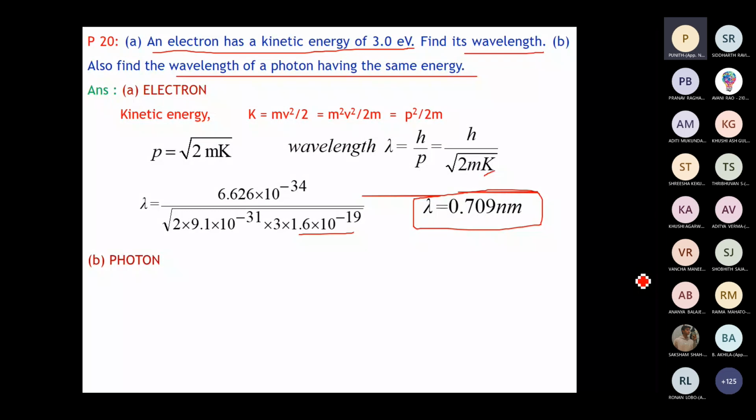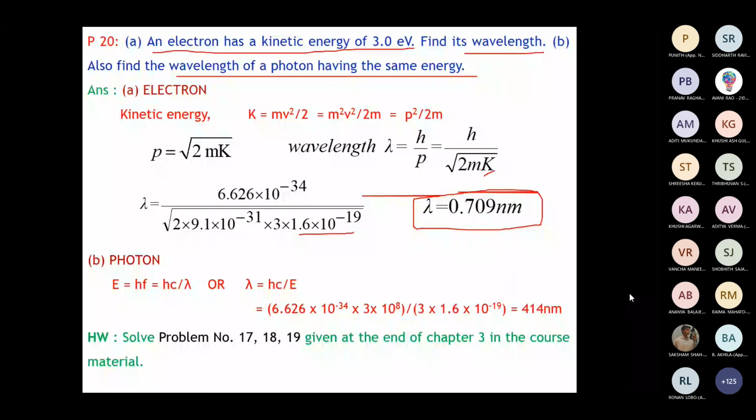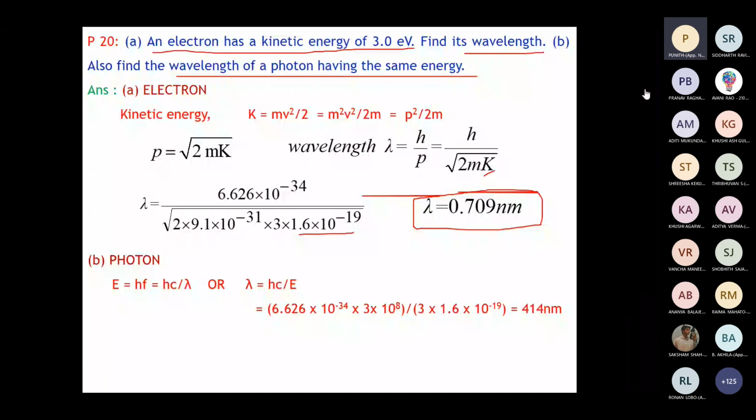So if you have not got the same answer, check the calculation and solve the problems 17, 18, and 19, which are given at the end of the chapter. Okay.